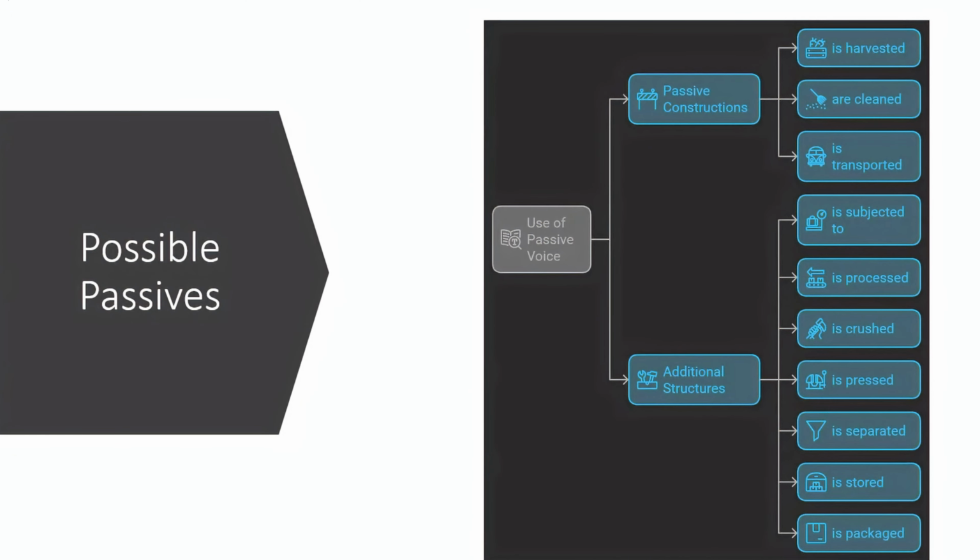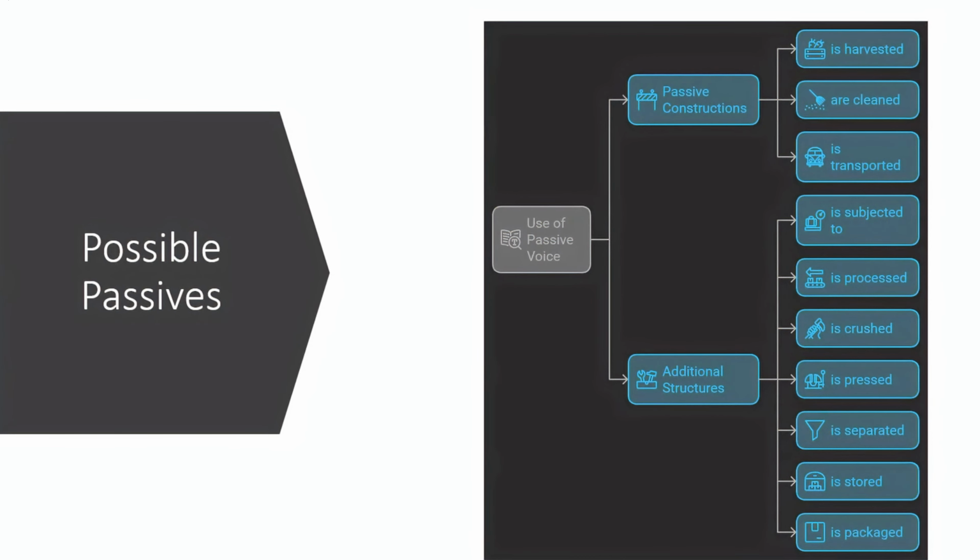That sounds like a manufacturing kind of process. Well, we could say things like is harvested, are cleaned, is transported, that's a possibility, is subjected to, is processed, is crushed, is pressed, is separated, is stored, and is packaged.